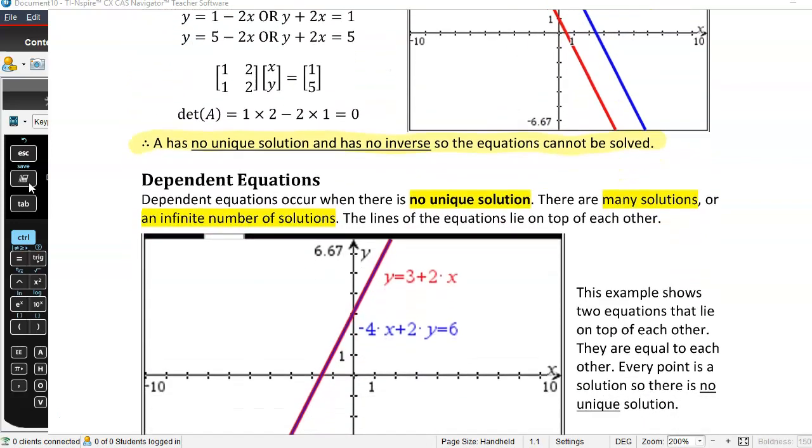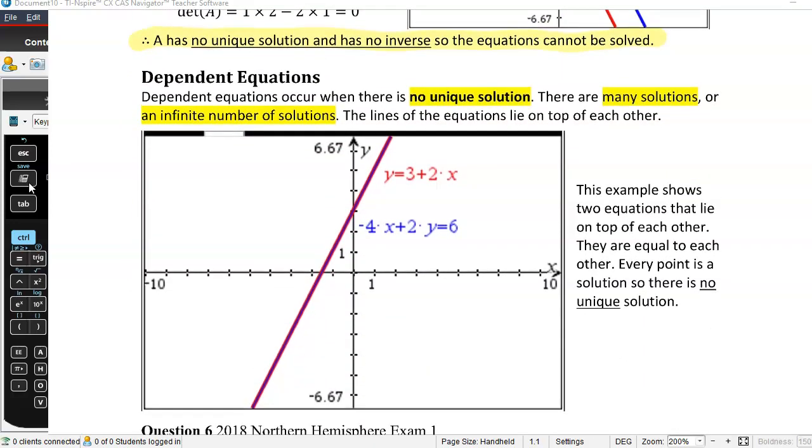Now the other one, what we call dependent equations. Now this happens when we have no unique solutions. No unique solutions. There are actually many solutions, or an infinite number of solutions. So the lines actually lie on top of each other. They are essentially the same equation.